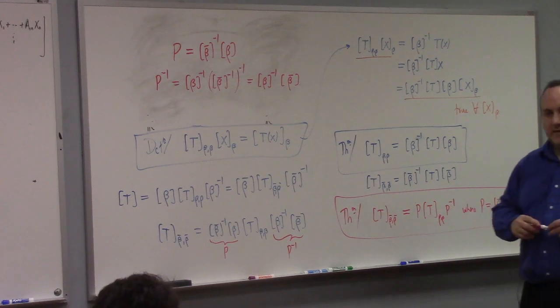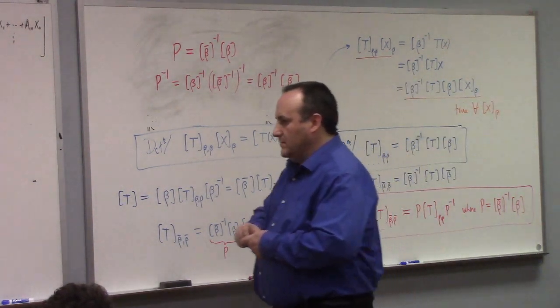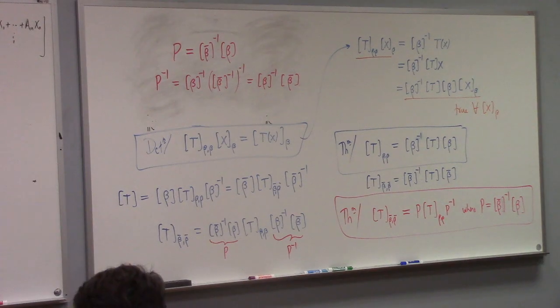Can you explain to me what is the meaning of P? What is beta bar inverse multiplied by beta actually equal to?